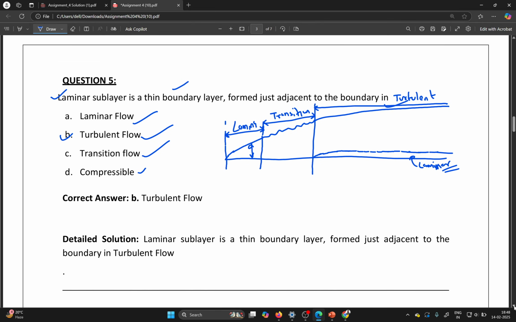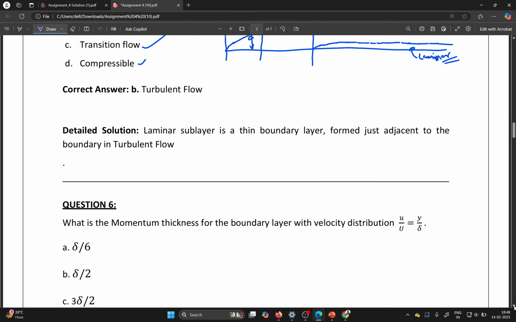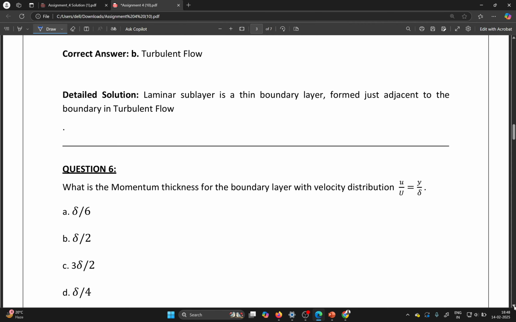Next question is, yes, this is a very easy question, so everyone please try to calculate. What is the momentum thickness for a boundary layer with velocity distribution small u by capital U equals y by delta? Very easy question, because I have just calculated such a question 2 times in the last 50 minutes.